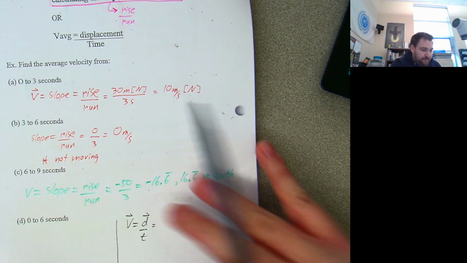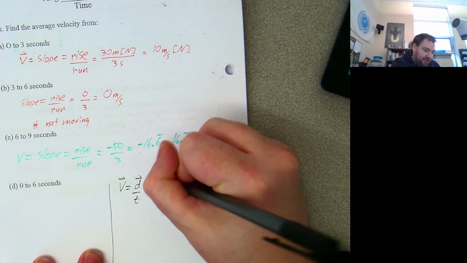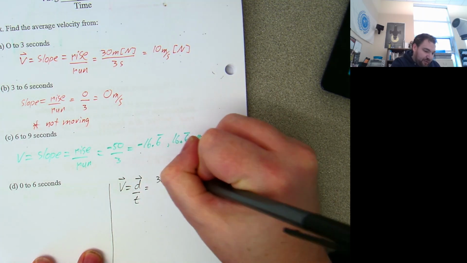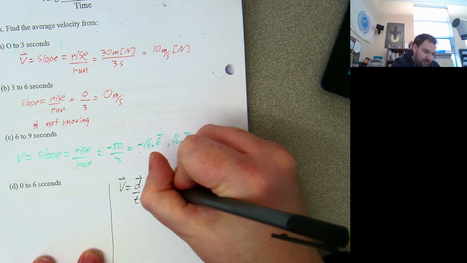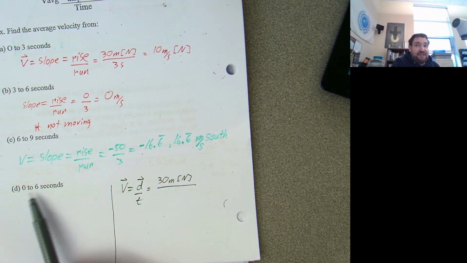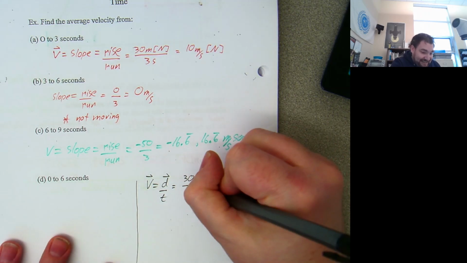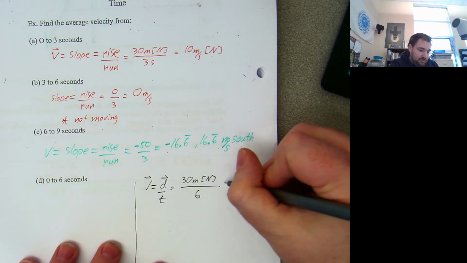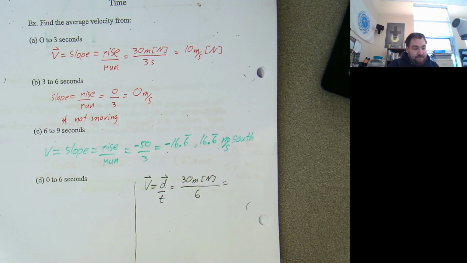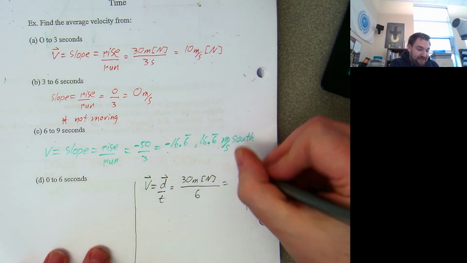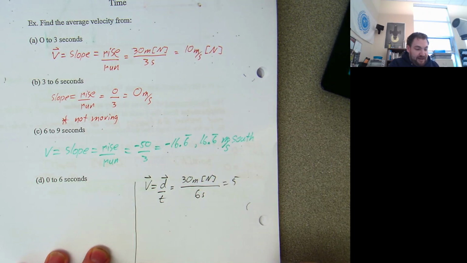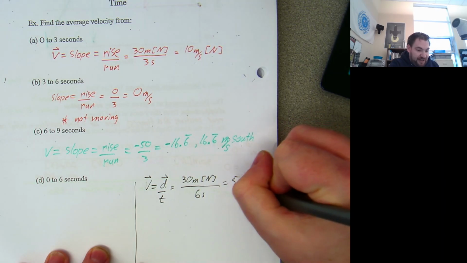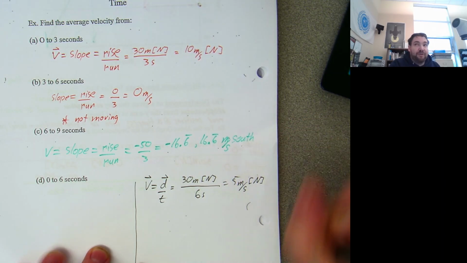So our displacement was 30 meters north. 0 seconds to 6 seconds is a 6 second time interval. 30 divided by 6 is 5 meters per second north.